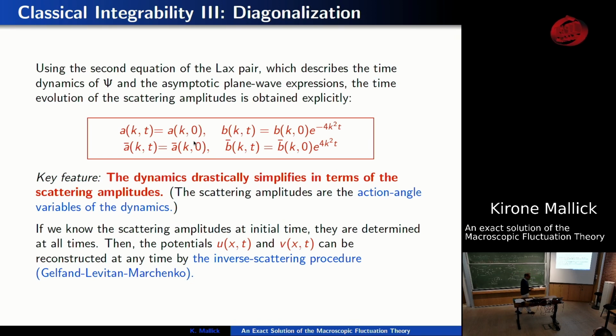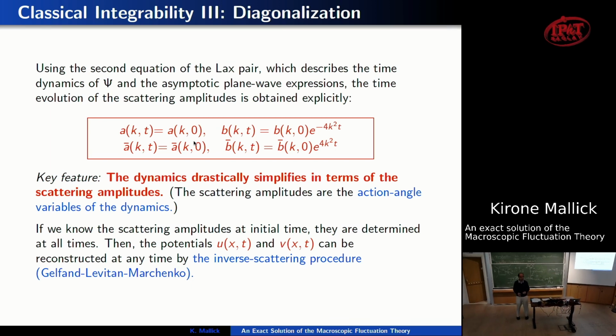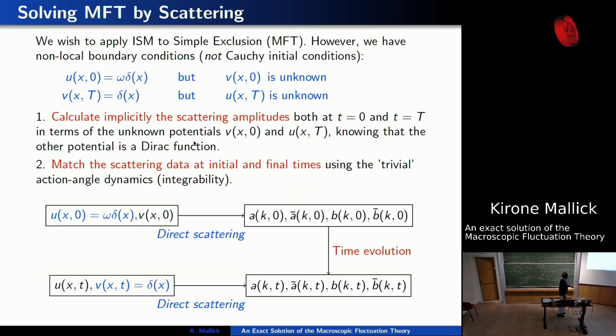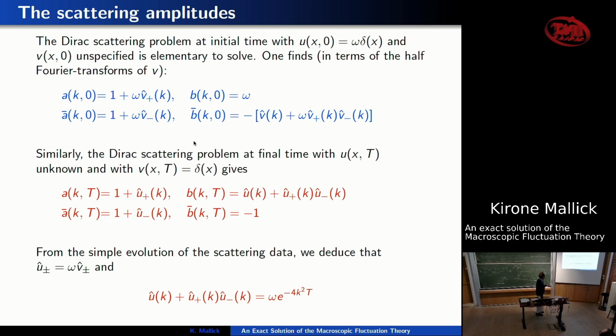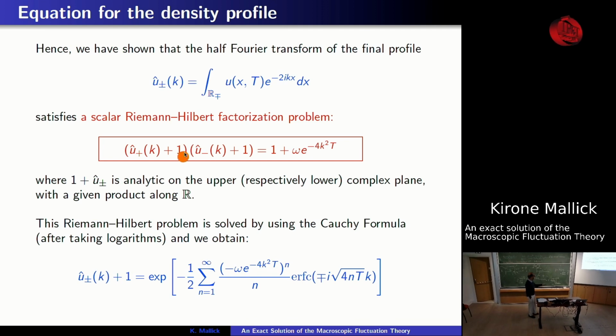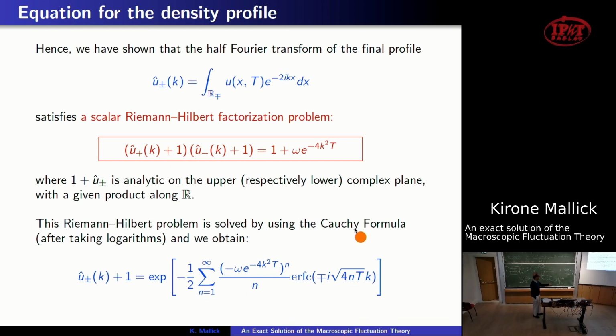So, knowing these boundary conditions, you can now compute the profile at the final time. And having the profile at the final time, sorry to go fast through the details, you can get an explicit formula for the Fourier transform of the profile at the final time. It's not the profile itself, it's a Fourier transform, but who cares?